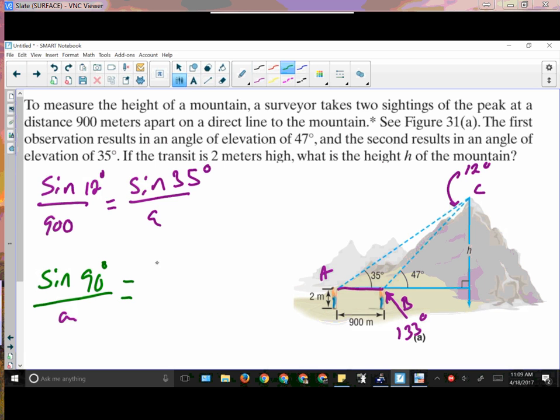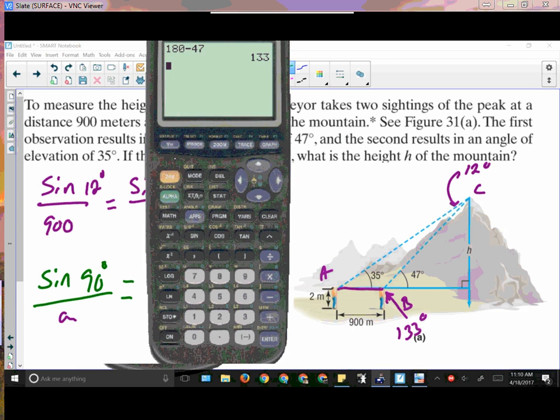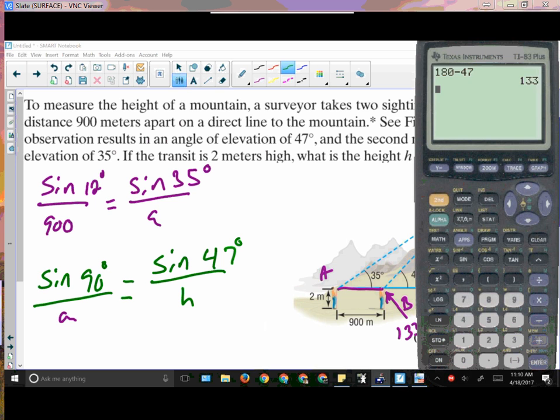Wouldn't that be equal to the sine of 47 degrees over the height? Would that work? And then once I know what the height is, I just have to add 2 meters to it in order to figure out what the height of the mountain was. So let's see if that setup actually makes sense to us and we come up with what we want.